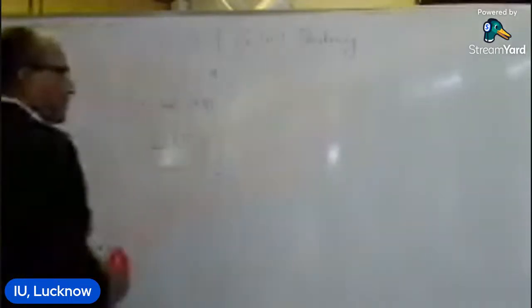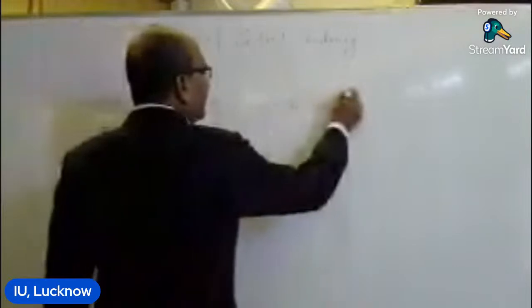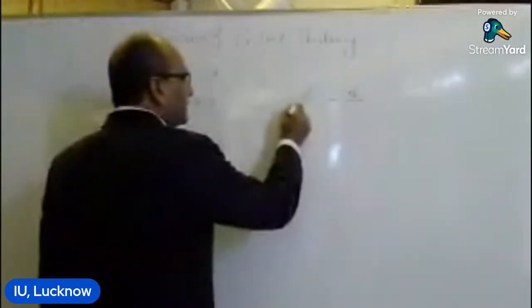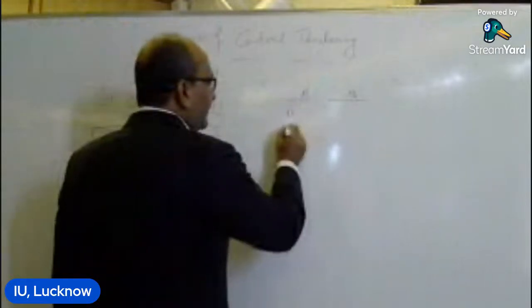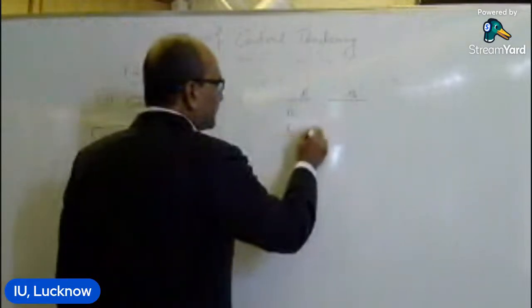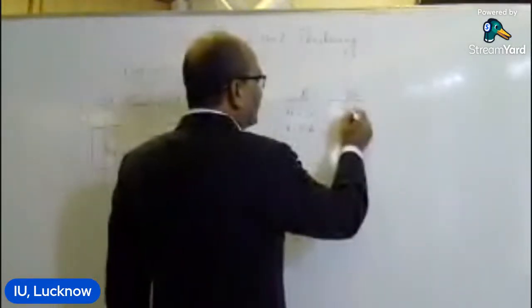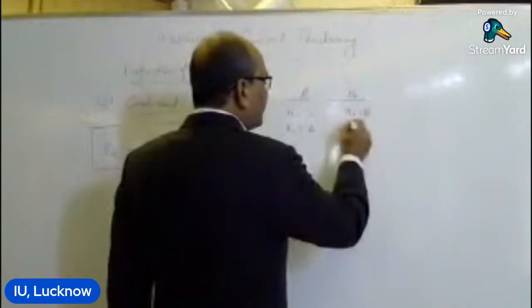Suppose we have two sets of observations A and B. For set A, the total number of observations n is equal to 10 and their mean is equal to 6. And the second set of observations has 8 observations and their mean is 5.